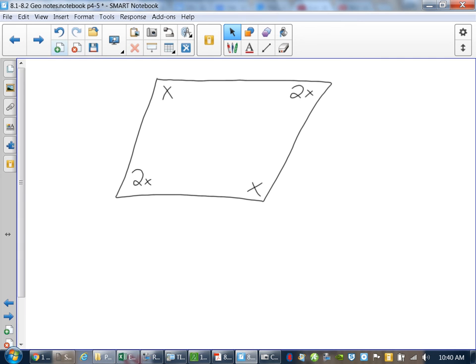There's two ways of going about doing this. One way: how many degrees are in a parallelogram? 360, because there's 4 sides. You can do that and it'll work. Or, what do you know about two angles when they're next to each other? What do they have to add up to equal? 180.